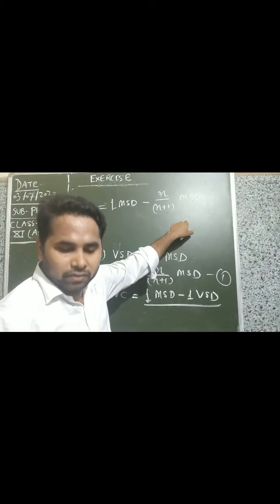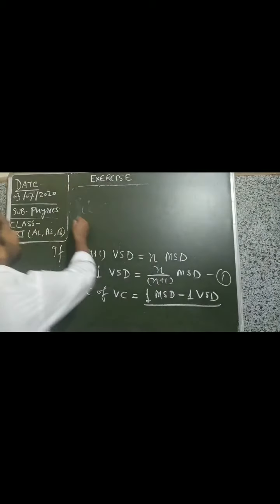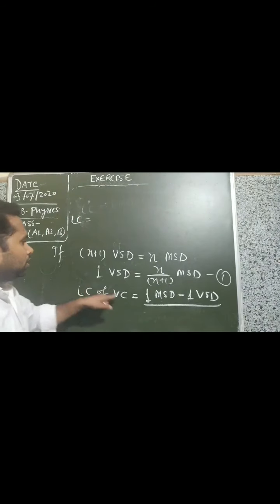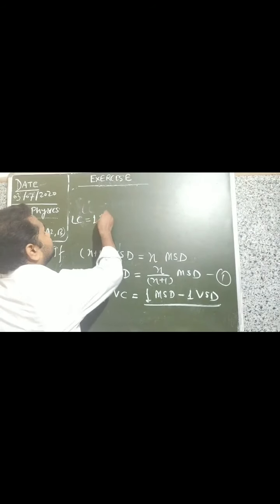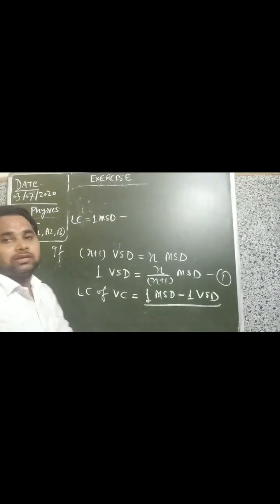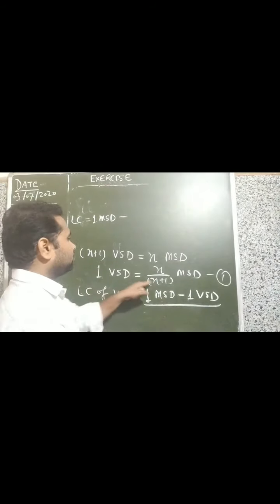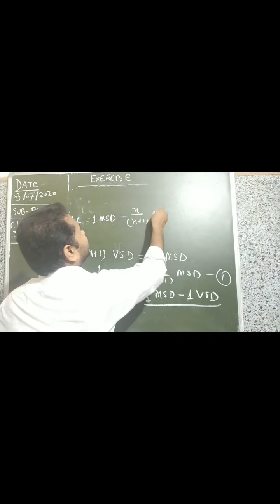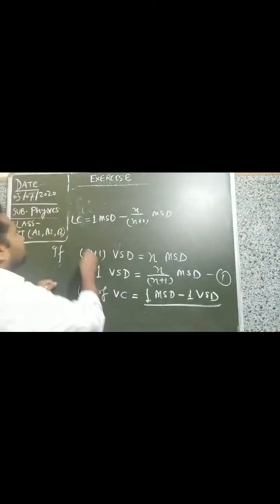I think this is not visible, so I'm writing again. Here, least count equals, what is the formula? 1 MSD minus 1 VSD, where 1 VSD equals n upon n plus 1 MSD. Now I think it is visible on the board.